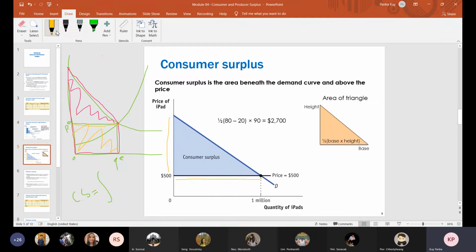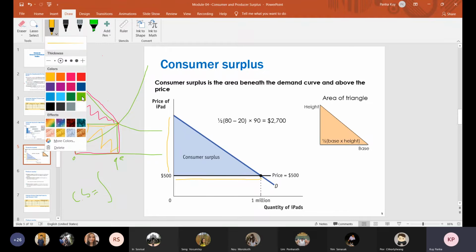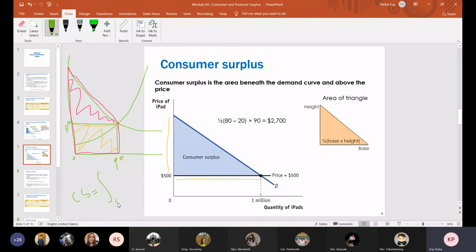So what you are going to do is take the integral from 0 to here, QE. And then you take the demand function. You take the integral of the demand function, dq, that is the variable.